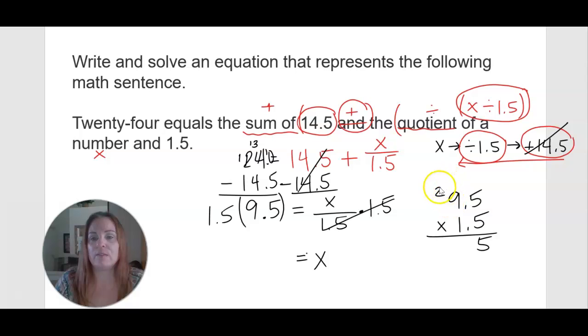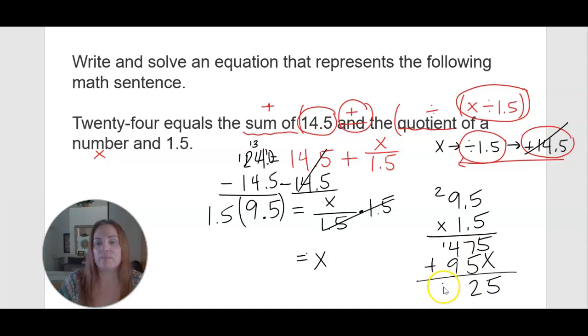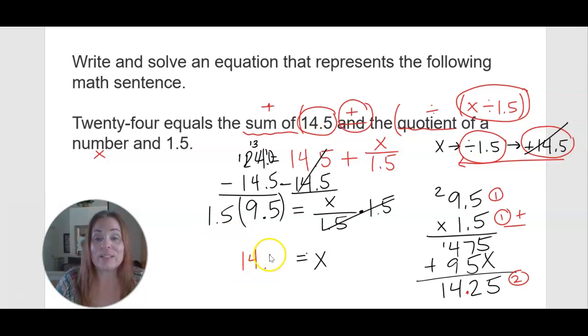And then 45, 46, 47, and then 1 times 5, 1 times 9, I add 5, that's 12, and that's 10, 14. And because I have one decimal place here and one decimal place here, I need 2 decimal places in my answer, so it's going to be 14.25.